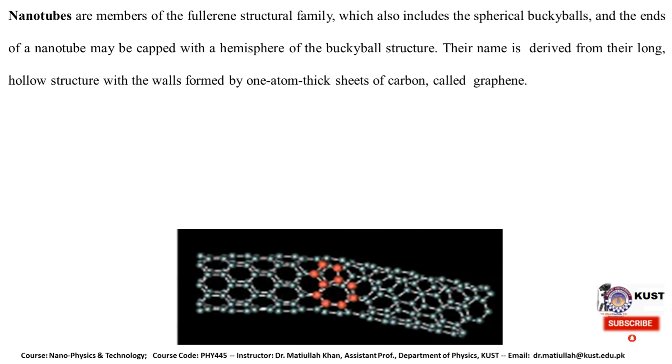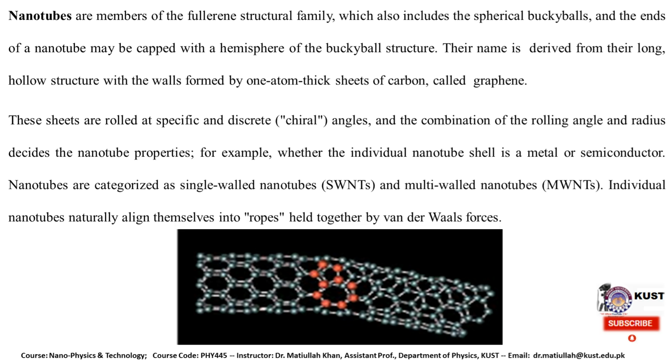Their name is derived from their long hollow structure, with walls formed by one-atom-thick sheets of carbon called graphene. These sheets are rolled at specific and discrete angles, and the combination of the rolling angle and radius decides the nanotube's properties, for example, whether the individual nanotube shell is a metal or a semiconductor.